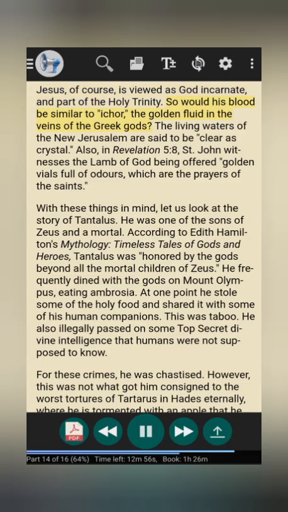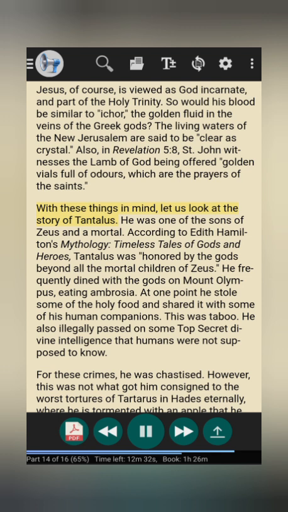So would his blood be similar to ichor, the golden fluid in the veins of the Greek gods? The living waters of the New Jerusalem are said to be clear as crystal. Also, in Revelation chapter 5, verse 8, St. John witnesses the Lamb of God being offered golden vials full of odors, which are the prayers of the saints.